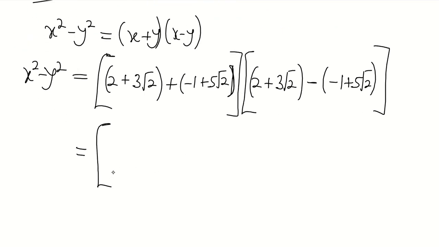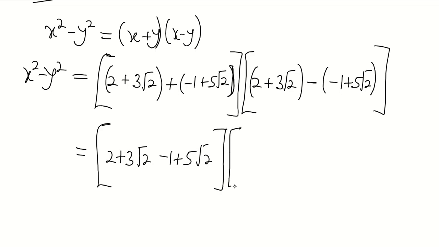So it means that we have 2 plus 3 square root of 2 maintained, and when plus meets minus, we are going to get minus, so we have minus 1 here, and plus and plus, we are going to get plus, so it means we have plus 5 square root of 2. Now at this point too, we have 2 plus 3 square root of 2, and we can see minus minus.